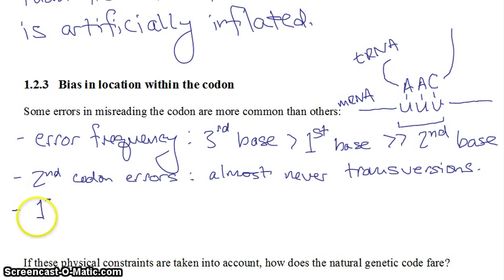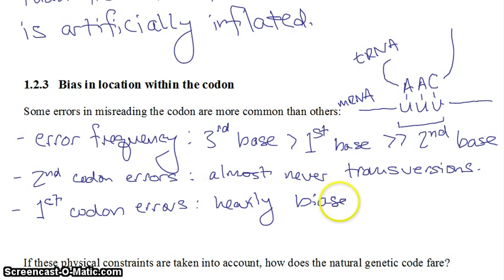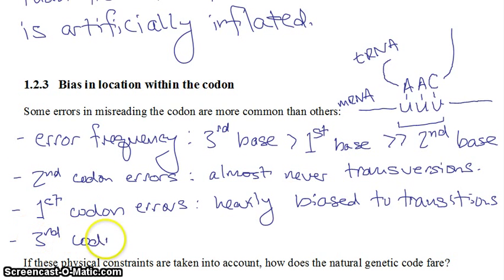Next, first codon errors, heavily biased to transitions. So perhaps even more biased than normal, but not quite as much as second codon errors. And third codon errors, they have little bias.